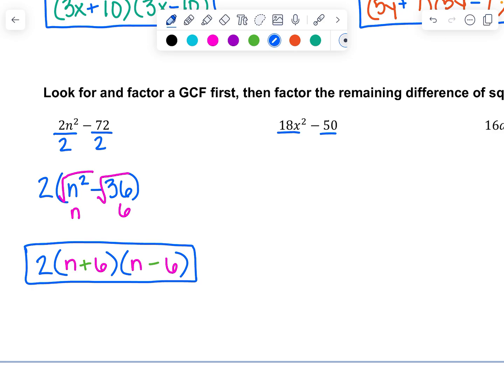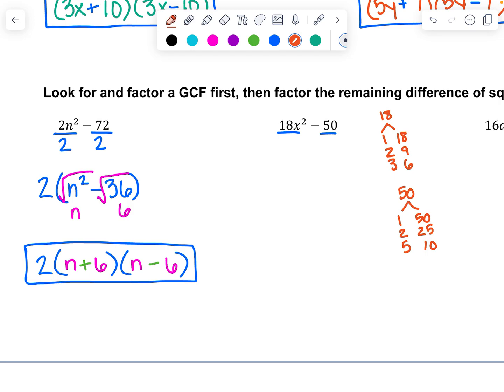Okay, with 18 and 50, if it helps you list out your factors. I know my factors of 18: 1 and 18, 2 and 9, 3 and 6. Factors of 50: 1 and 50, 2 and 25, 3 doesn't work, 4 doesn't work, 5 and 10.